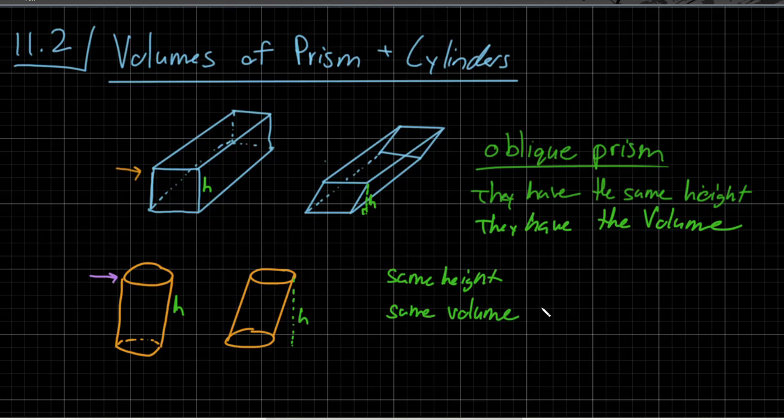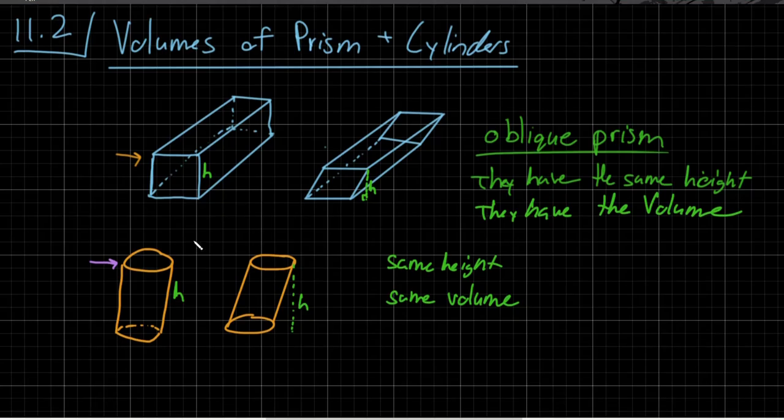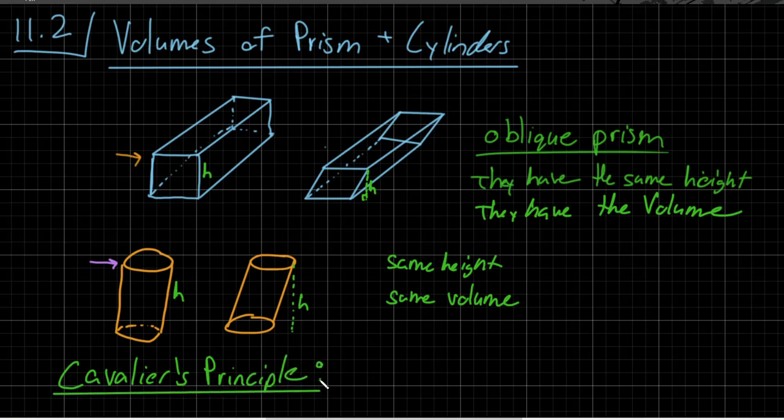Okay. So we're starting with volume. That's mostly what we're talking about for the next 2 days. This all comes from a principle that I have not used since the class, but they like to talk about it a lot in this book. Cavalieri's principle.